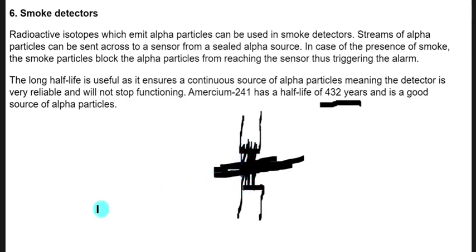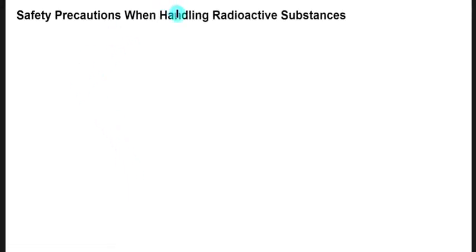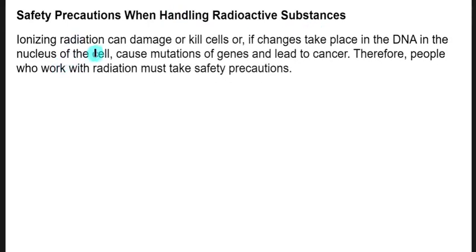All right, so now we move to safety precautions when handling radioactive substances. We are saying ionizing radiation can damage or kill cells, or if changes take place in the DNA in the nucleus of the cell, cause mutations of genes and lead to cancer.